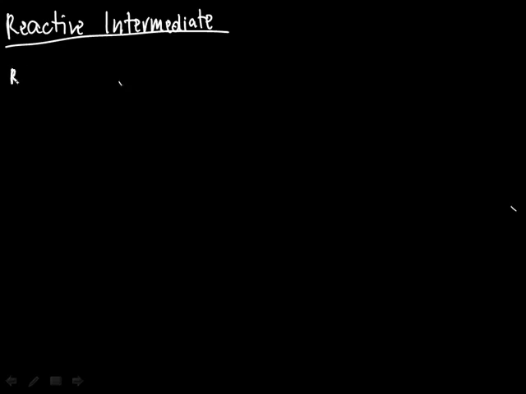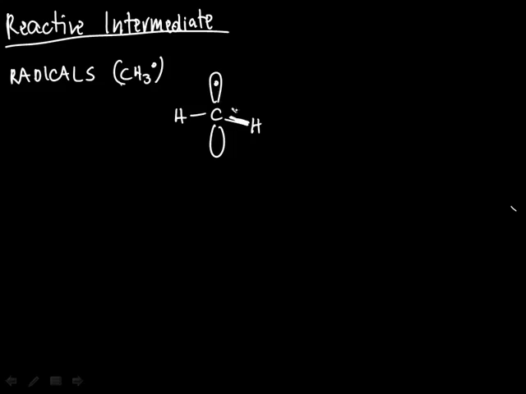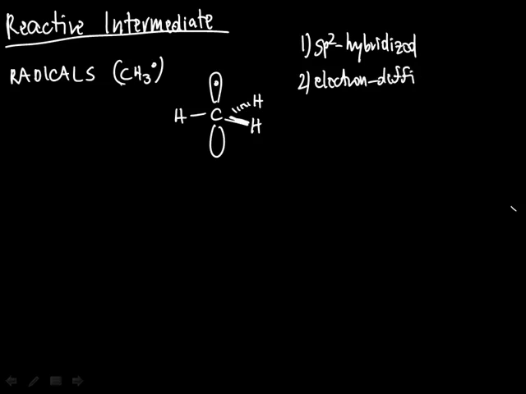So let's start with the radicals, the first class of reactive intermediates we encountered, and look at the methyl radical as an example. As I mentioned already, these radicals are sp2 hybridized, and they are electron deficient because they don't have the full electron octet.